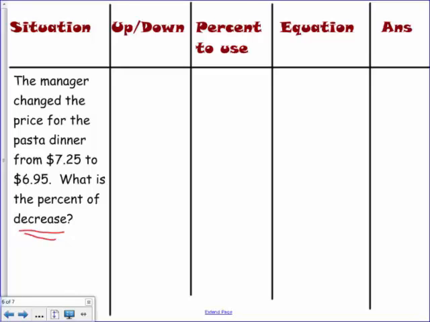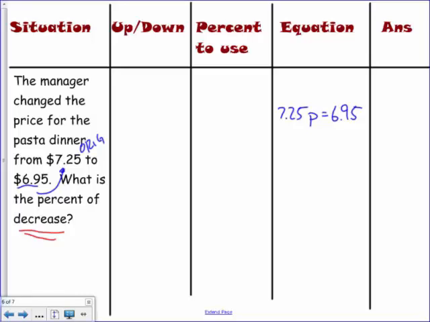One of the things we could do is apply the percent proportion. We could find out what percent $6.95 is of $7.25. Or I could think of it as the equation. If you think about it, $7.25 was our original, and remember, we take our original times our percent, which I don't know in this case, so I'm going to call it P, to give us our new total.